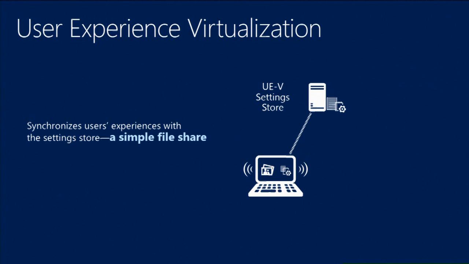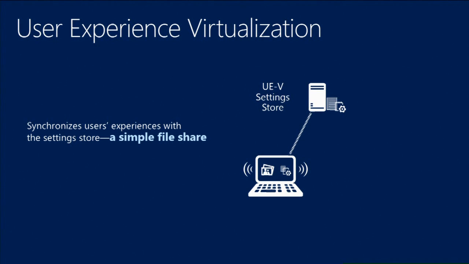So if I'm logged on one PC and I change a setting, say an Adobe setting, and I close that, and then I log on to my other machine and open it up, those are some of the things that kick off that process of capturing the changes that I'm making in the settings store and putting those across my multiple devices.